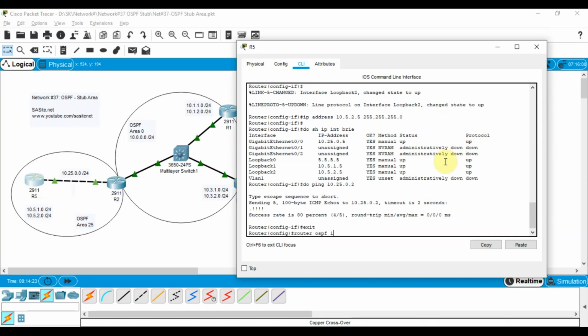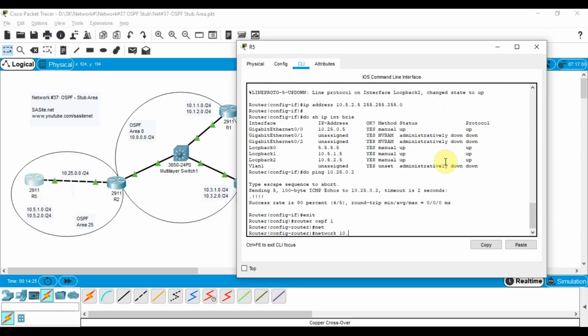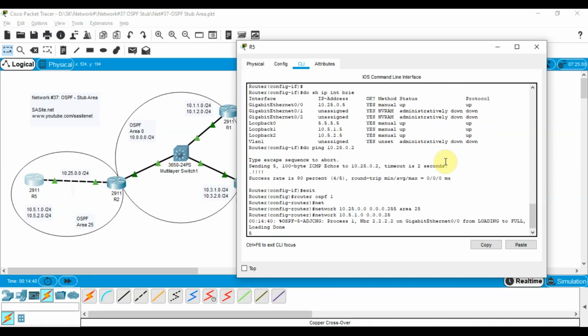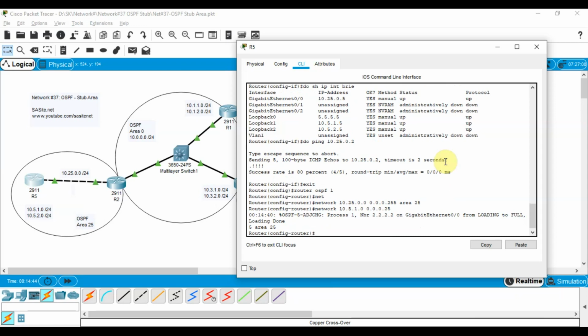Router OSPF 1, network 10.25.0.0, wildcard mask of /24 in area 25. So we advertise that network. Let's advertise 10.5.1.0 0.0.0.255 area 25. Okay. Relationships came up between R5 and R2.